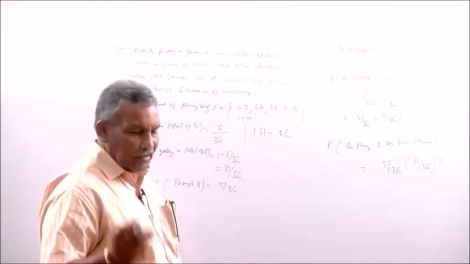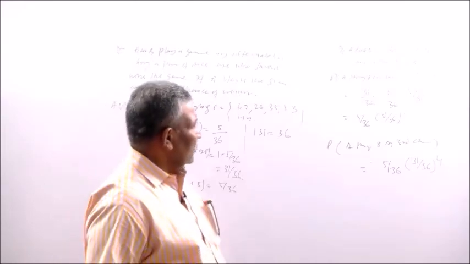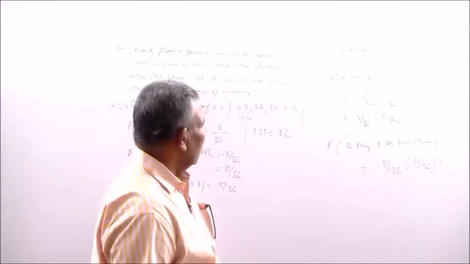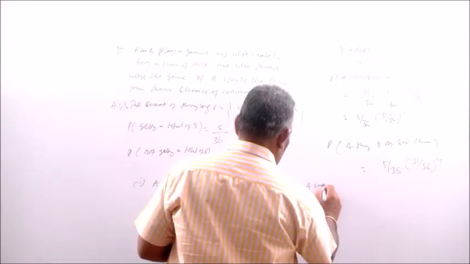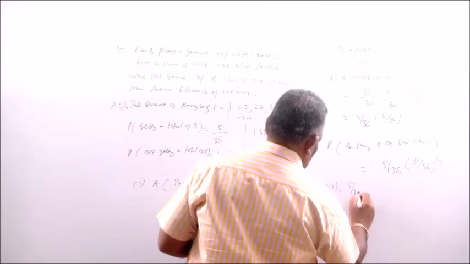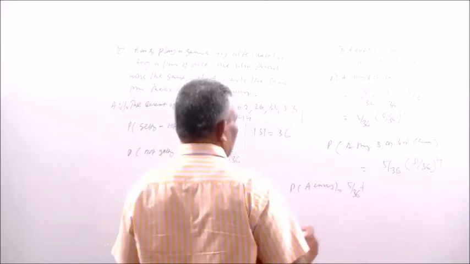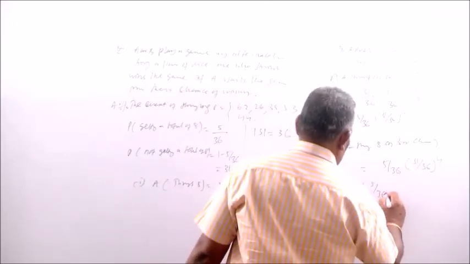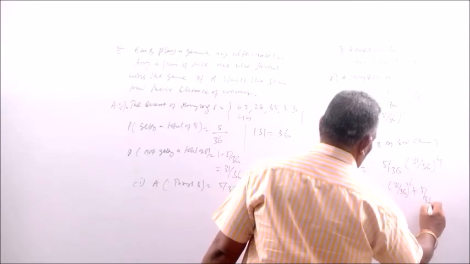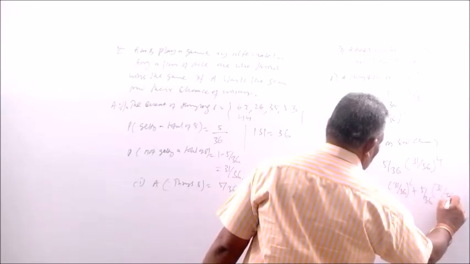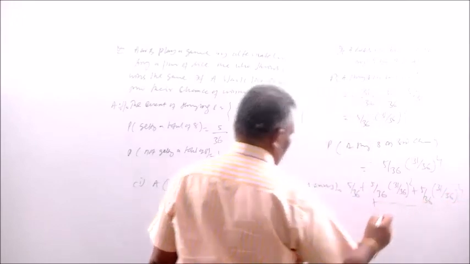If the process continues, there will be a series. P of A wins the game is 5 by 36, for the second, 5 by 36 into 31 by 36 whole square, next 5 by 36 into 31 by 36 whole to the power 4, and so on.